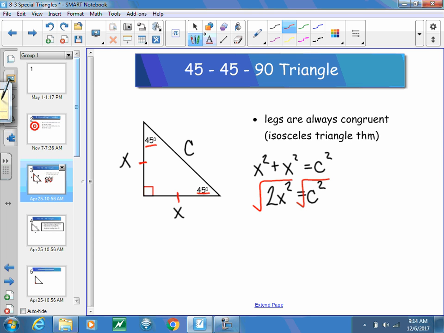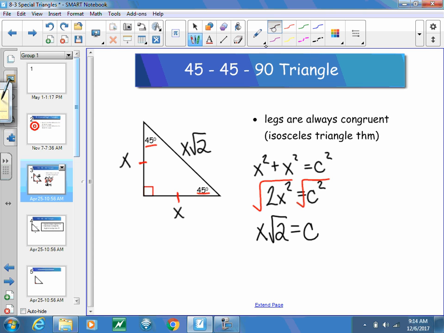The square root of 2, we don't know what that is, but we do know the square root of x squared is x. So I get x square roots of 2 is equal to c. Your hypotenuse here ends up being x square roots of 2.